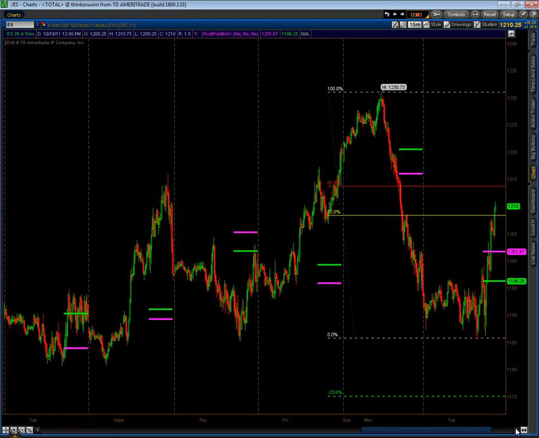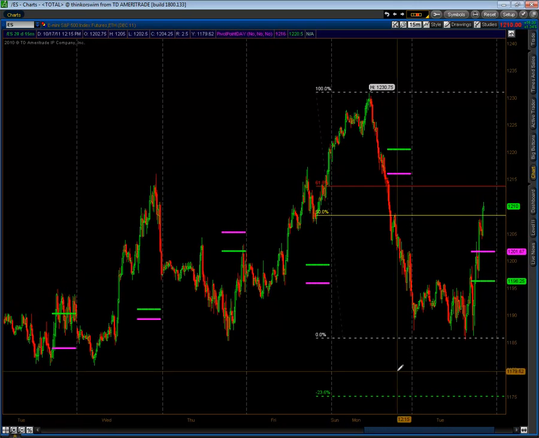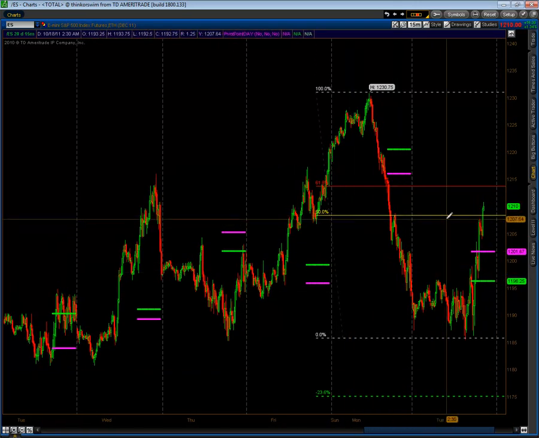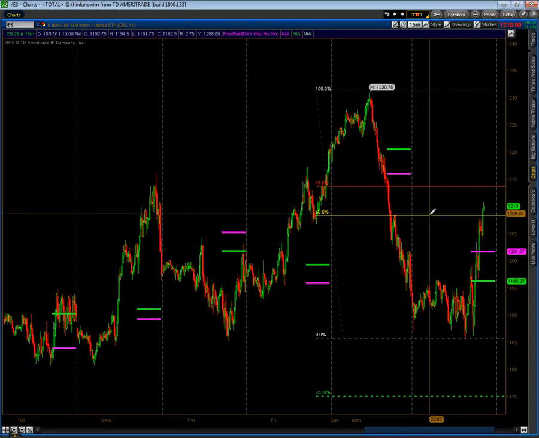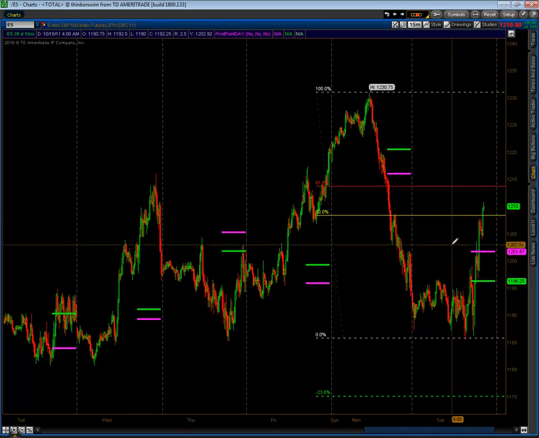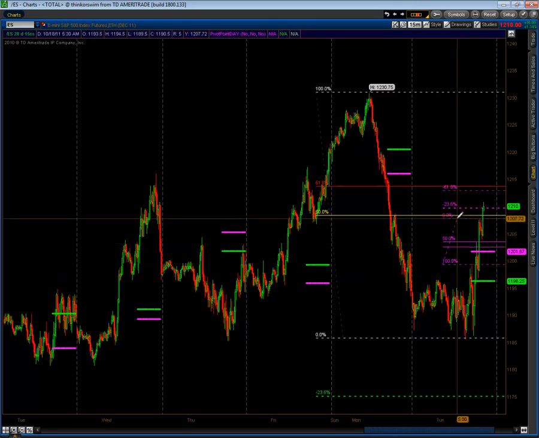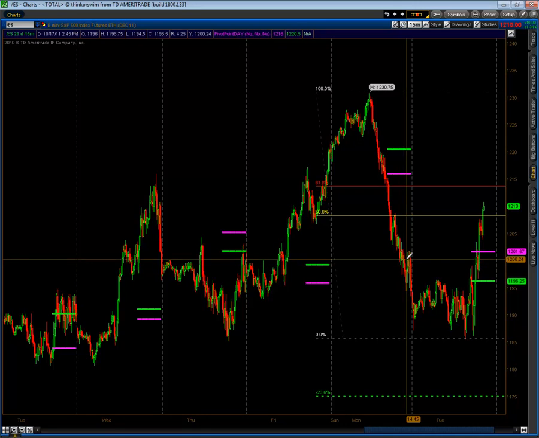Okay, here's where we are right now today. We're inside of it. You can see we got an initial reaction here, but we are continuing up, looks like an extension traded here or something.